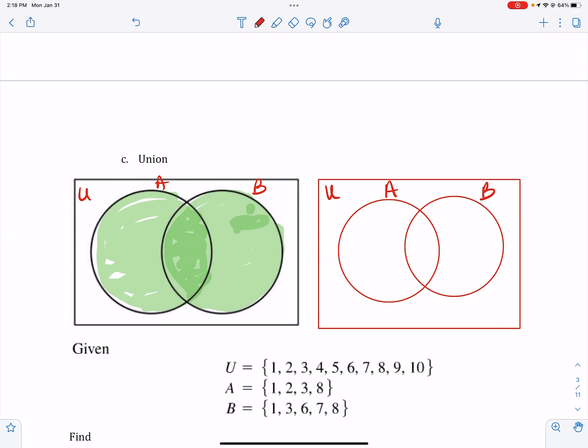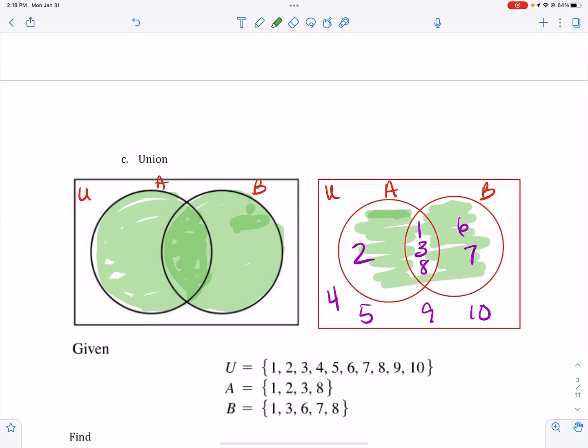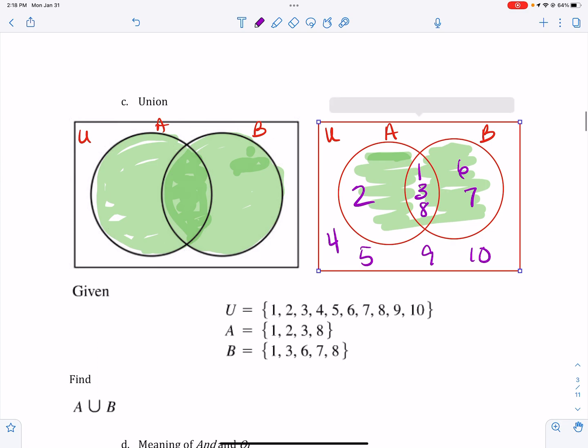So I'm going to use the same example that I did in that last one. I'm going to go ahead and list these 1, 3, 8, 2, 6, 7. And then that's 4, 5, 9, and 10. And so when I am shading all of these, I'm basically counting all of these numbers. So the union, which is written like this, is going to be the set, and they like them in order.